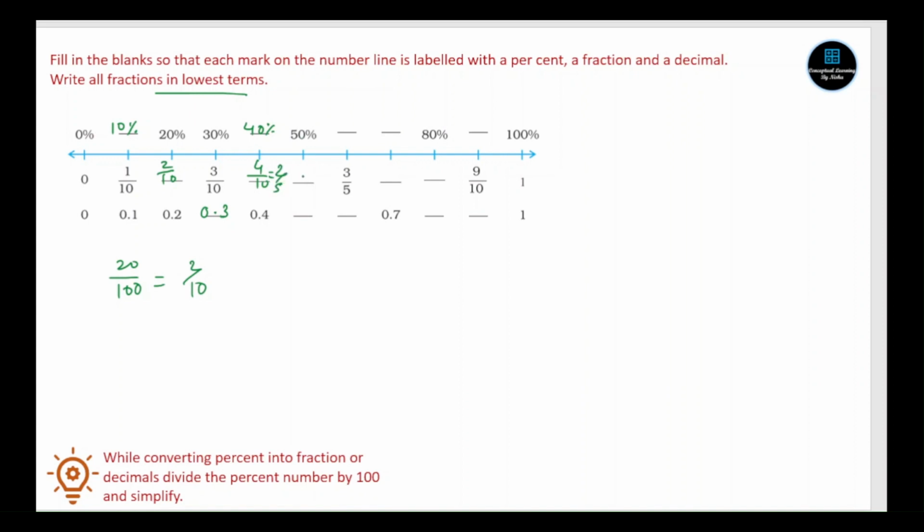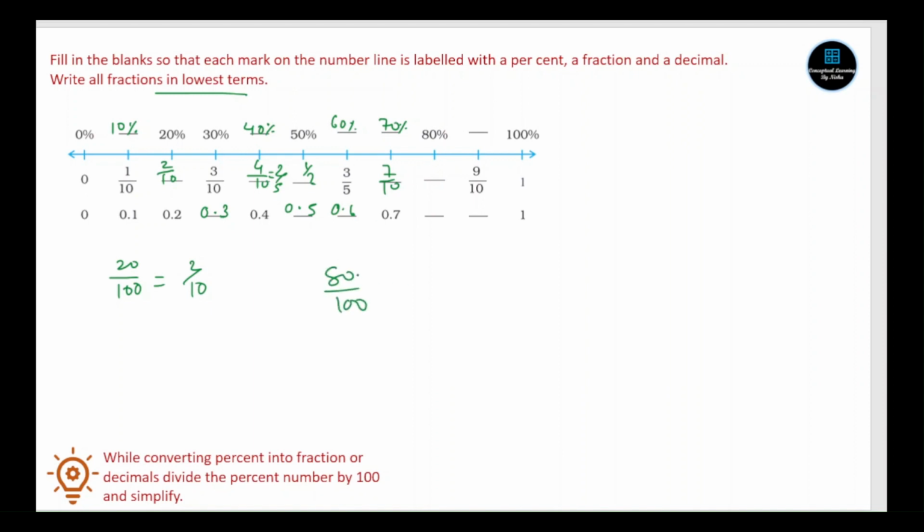Alright, 50% ratio is 1/2. Correct? Lowest form. And it is 0.5. 3 upon 5. So it is 60% and 0.6. Then comes 70%, which is nothing but 7 over 10 and 0.7. Correct? 80 upon 100.